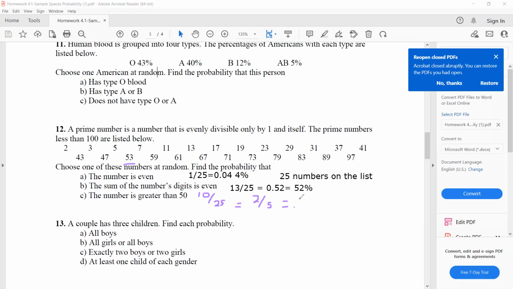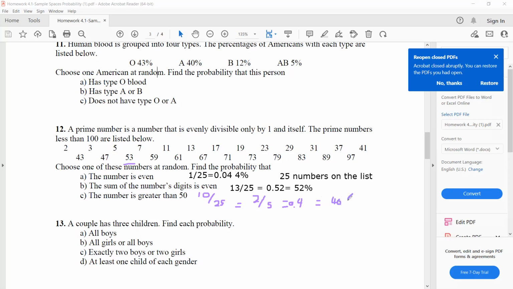So it's 0.4. Okay, it's not a percent right now, but if I move it over twice, it will be. Right, so 0.4 is 40%, right? Good job. 40%.